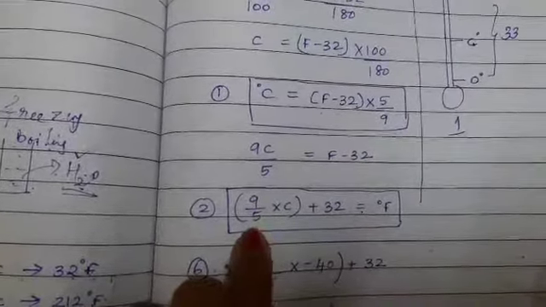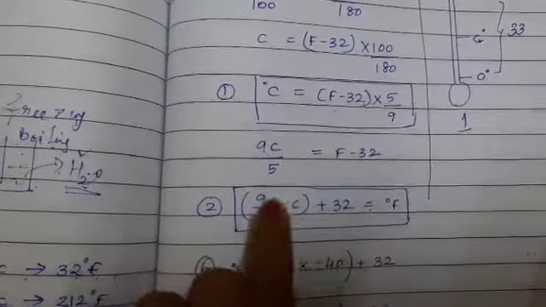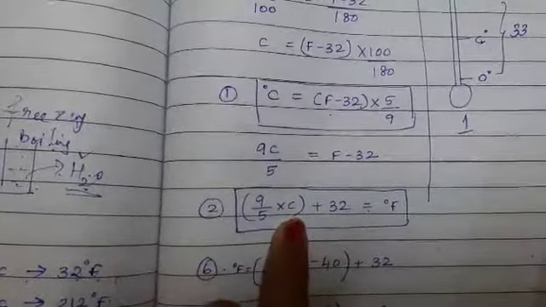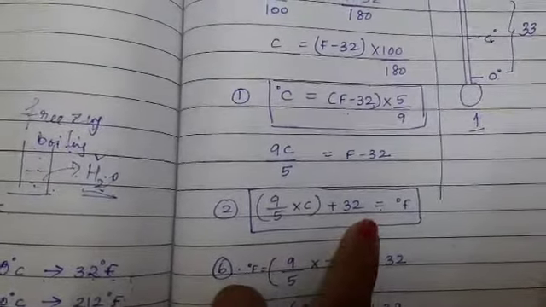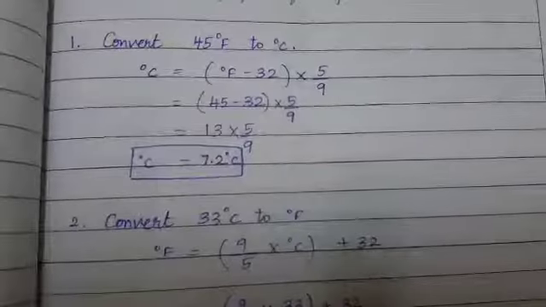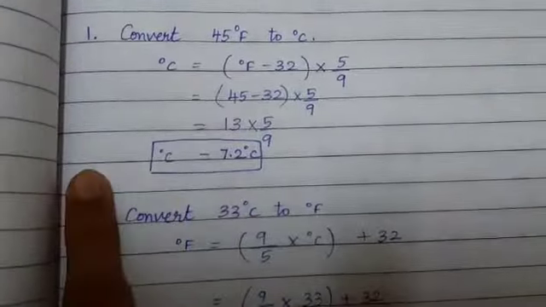So the second formula we got: if degree Fahrenheit is unknown with the given temperature in degree Celsius, the formula becomes degree Fahrenheit is equal to 9 by 5 into C plus 32. Understood?